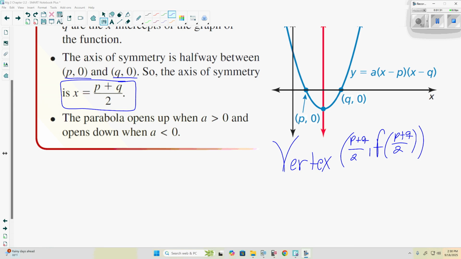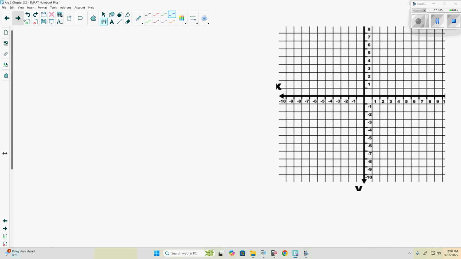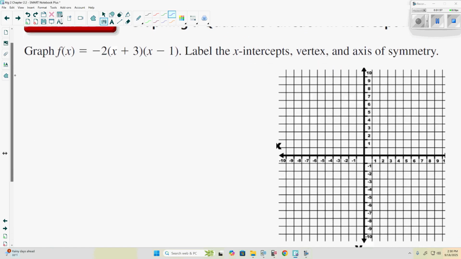So that is the vertex. Really we need to find the value p plus q over 2. It gives us half of the vertex, and it gives us the equation for the axis of symmetry, and then we just have to find the x-intercepts. So let's see how this works.